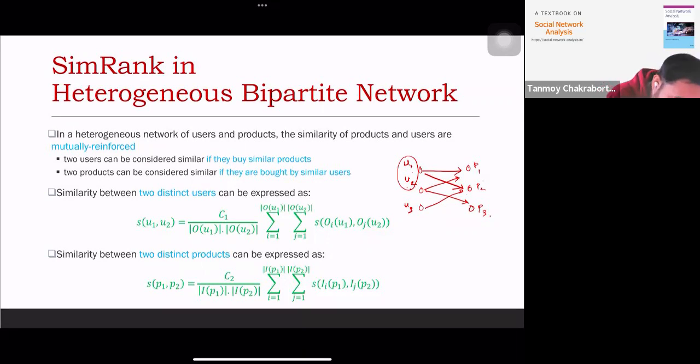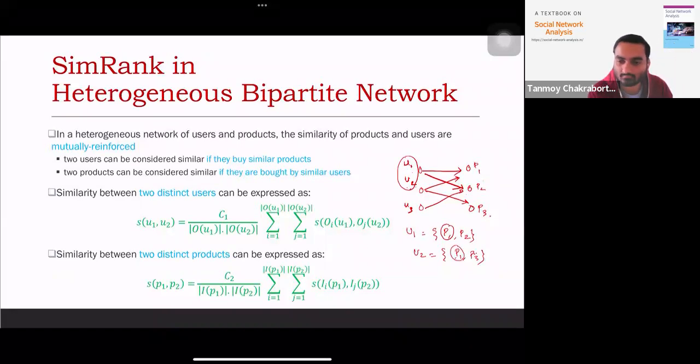In this case, U1 has the outward neighbors P1, P2, and U2 has its outward neighbors P1, P3. So you basically measure the similarity of P1 and P1, P1 and P3, P2 and P1, P2 and P3.